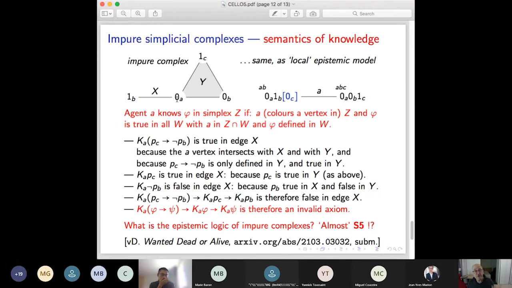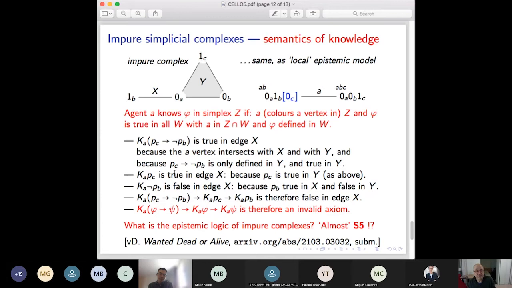Well, A knows that as long as there is still an agent C alive, like here, the value of that agent C is 1 for the proposition 1C. So in a certain sense, you could say that in this system, agent A knows that the value of C is 1.